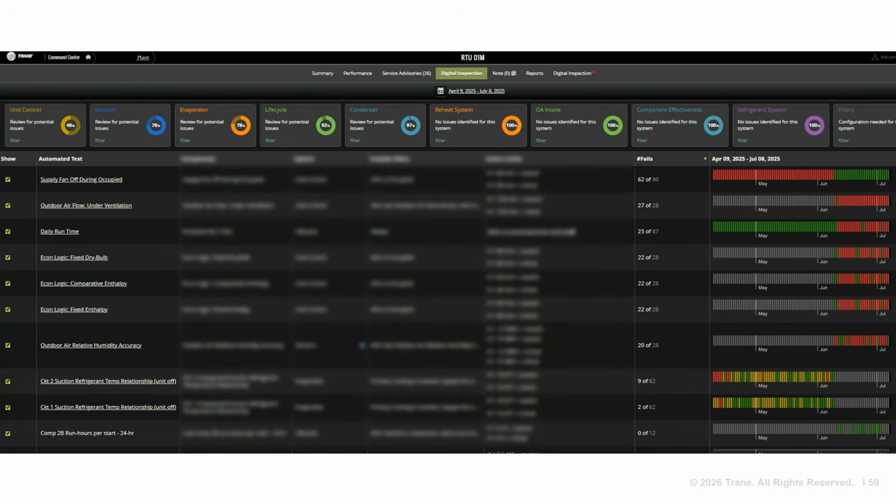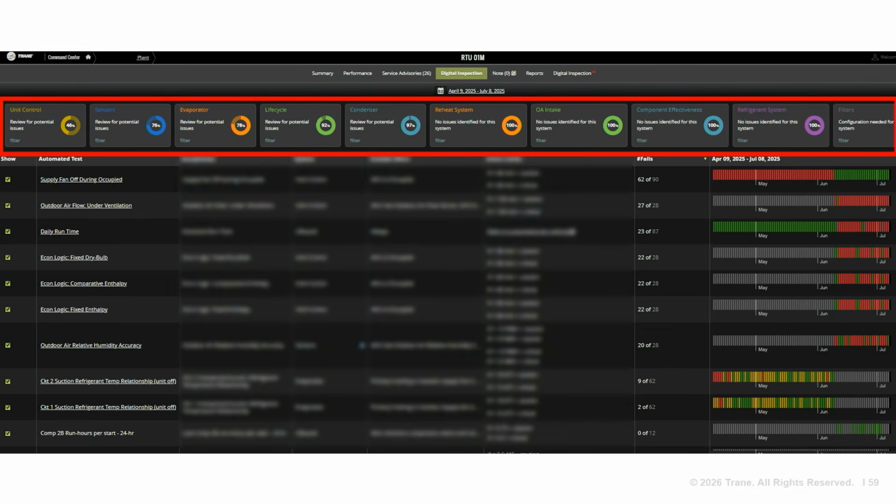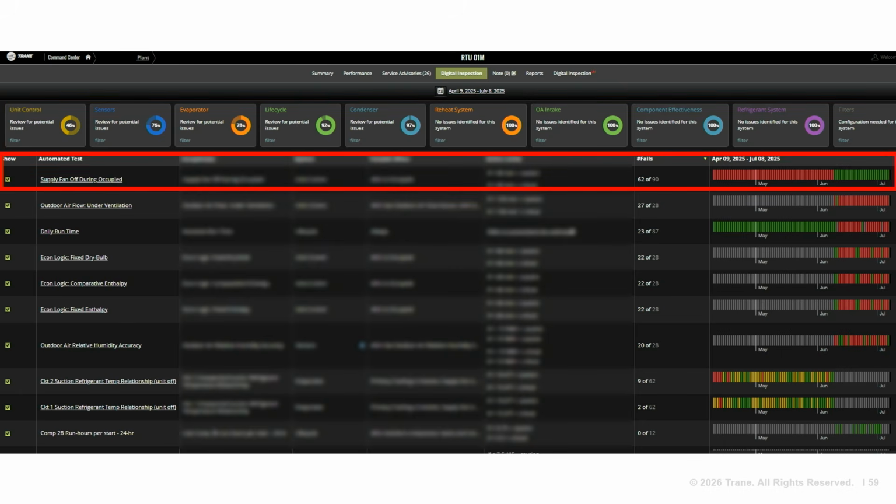On this service technician tool, we can see the digital inspection for a rooftop unit for the last 3 months. We can see the categories of analytics concerning the unit, like the unit controls, sensors available in the equipment, evaporator, condenser, and so on. Each category has specific tests. For example, the first test here is for supply fan off during occupied.